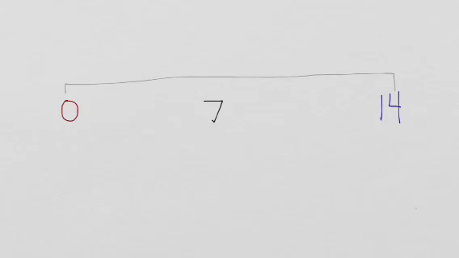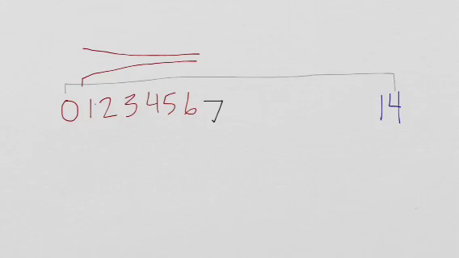Okay, so if I look at this, I've got 1, 2, 3, 4, 5, 6, and 7. The further away I get, the bigger the acid is. Do you see how my arrow there gets wider? That means the more acidic it is.